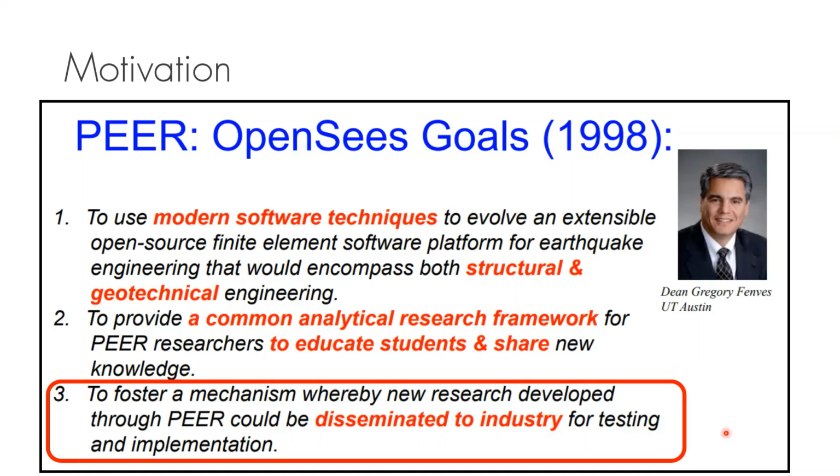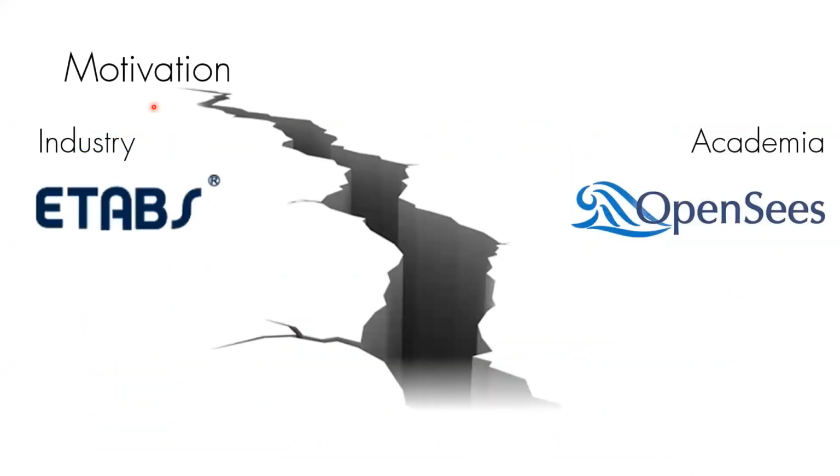And this tool is kind of perfect for something like that, because as you all know, we have ETABS that everybody's using in industry. It's probably the most used software in building design. And then we have OpenSees in academia, and there's kind of a gap in between. There's a big disconnect because engineers are always saying that, yeah, we heard about OpenSees, but we really don't have time to write our own code and figure out how it works.